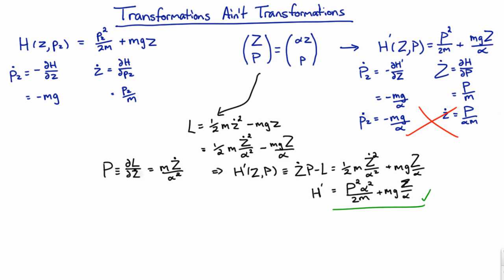So what we've learned is that there are restrictions to the kind of transformations that lead you to Hamilton's equations of motion. So you can't just take your equations of motion and do point transformations to them. There are restrictions. In fact, Hamiltonians aren't as easy to transform as Lagrangians, but you can transform them in much more dramatic ways. You can, in fact, transform a Hamiltonian all the way until it's trivial.